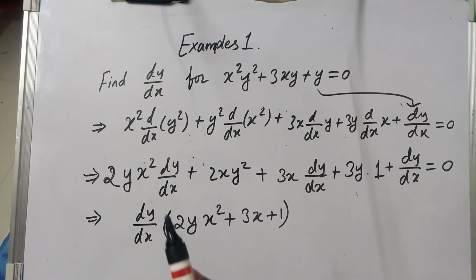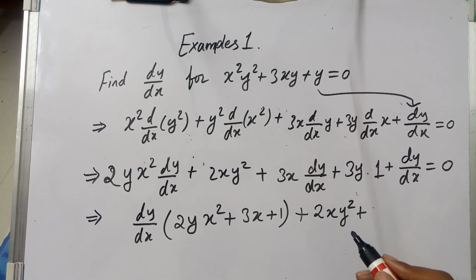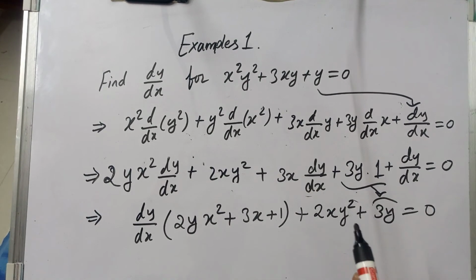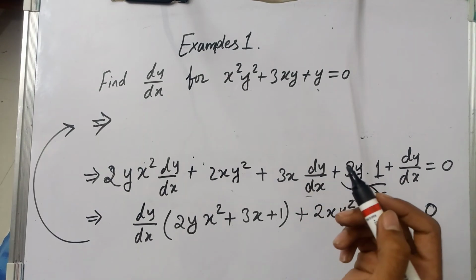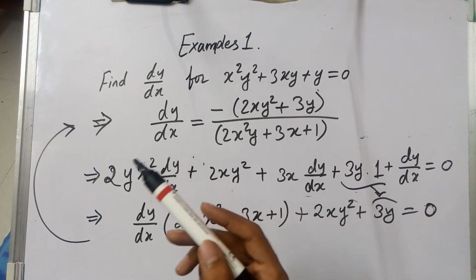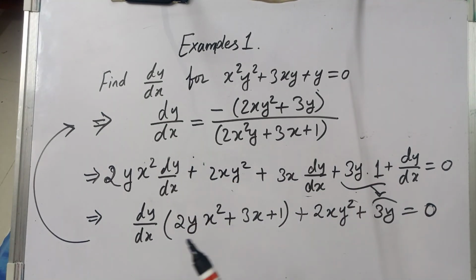Now we common out all derivative of y, plus 3y is equal to 0. dy by dx gives this, the final answer. So we get from this.